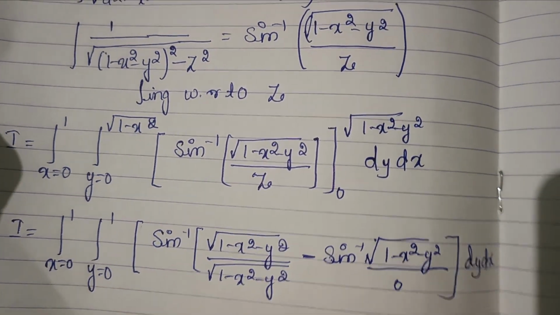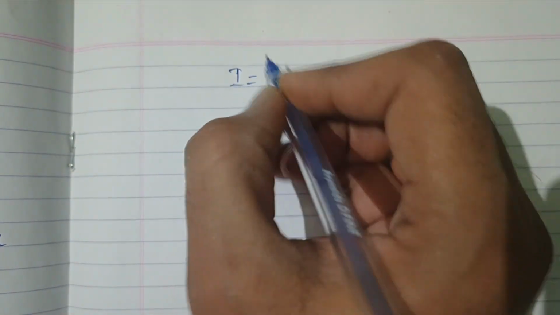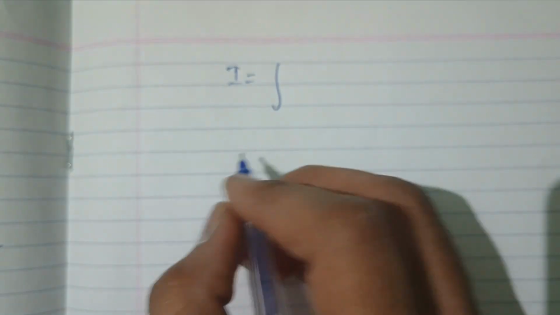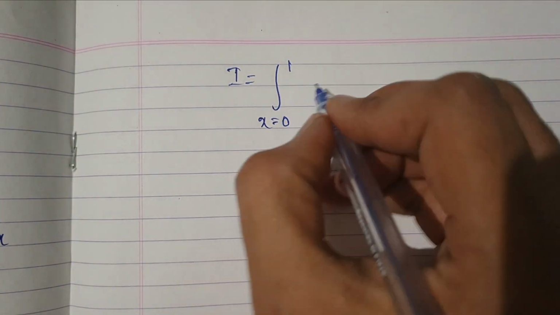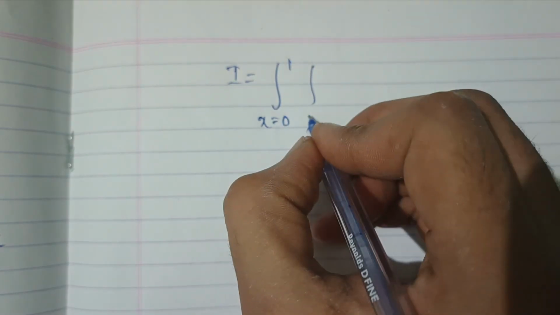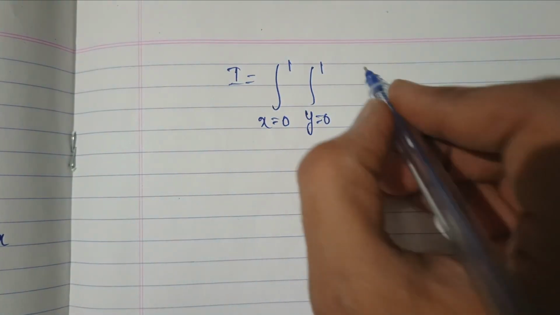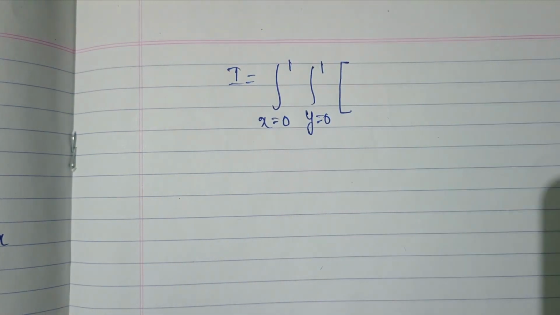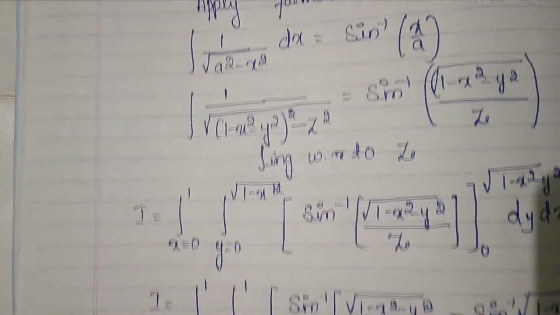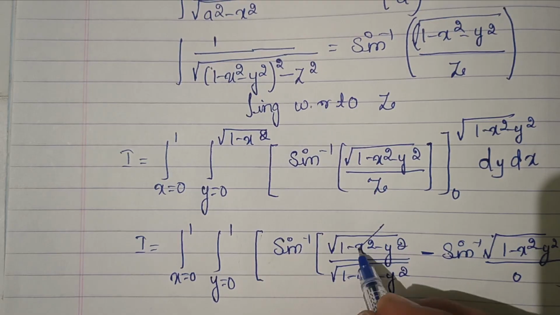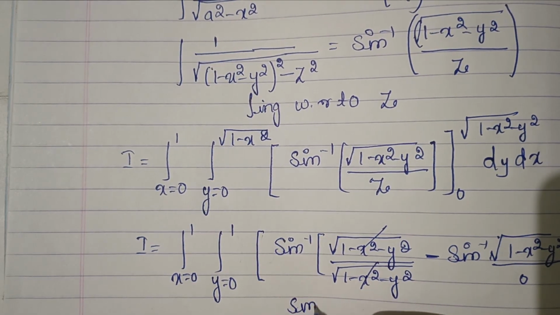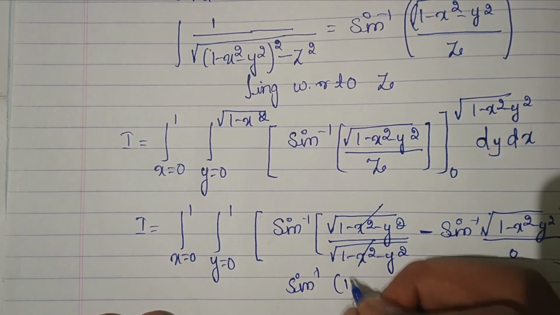Next, when we apply this equation, we are getting I is equal to integration of x is equal to 0 to 1, integration of y is equal to 0 to root of 1 minus x square. Here this gets cancelled, so we get sine inverse of 1.